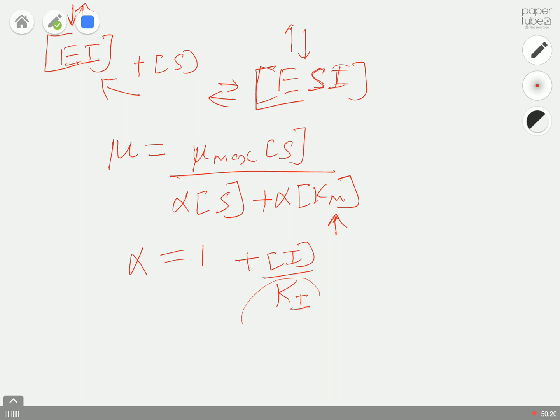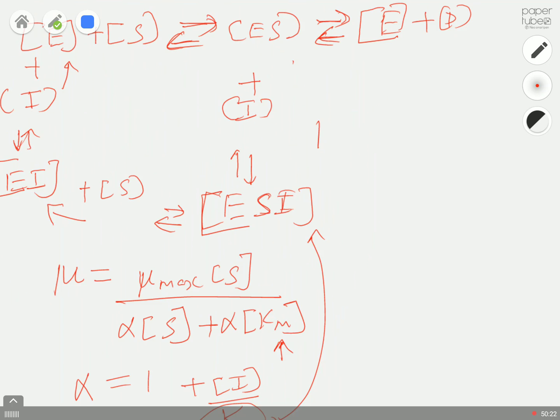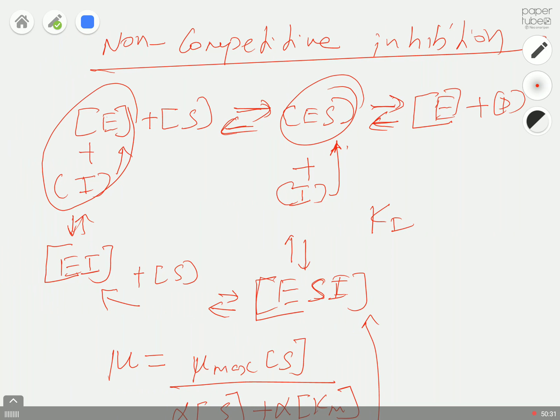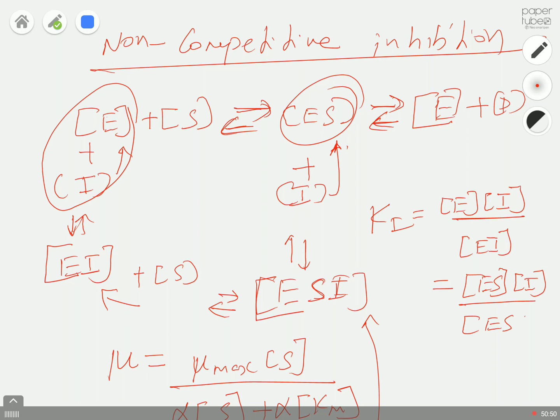In this case, the inhibitor is acting both on the enzyme substrate complex and on the enzyme, so Ki will be equal to the concentration of enzyme times the concentration of inhibitor divided by the enzyme inhibitor concentration, which is also equal to the enzyme substrate complex times inhibitor concentration divided by the enzyme substrate inhibitor complex.